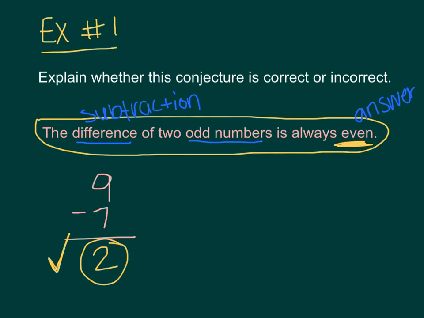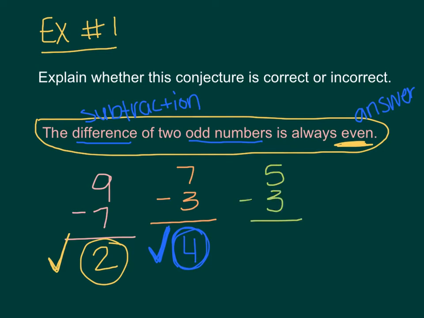So let's try another example. We're going to do 7 minus 3. And 7 minus 3 is 4. And 4 is an even number. So yes, that would be true. And let's do one more just to make sure. 5 minus 3.